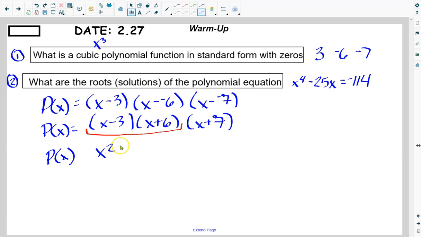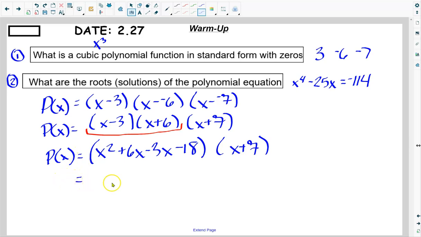So x times x, x squared, 6x minus 3x minus 18. Okay, that's very important there. Again, you have these skills, but sometimes you take them for granted, okay? So let's go ahead and clean this up here a bit.